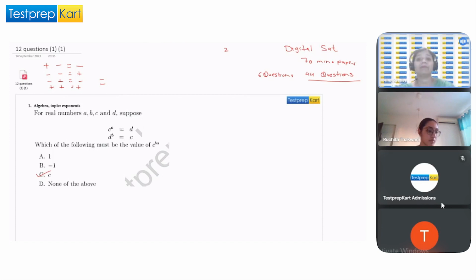Suppose the answer is 25 by 3, you have to divide it and type that answer. The rest of the questions will have 4 options.